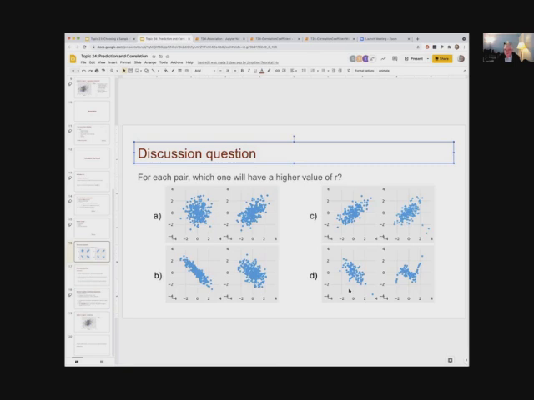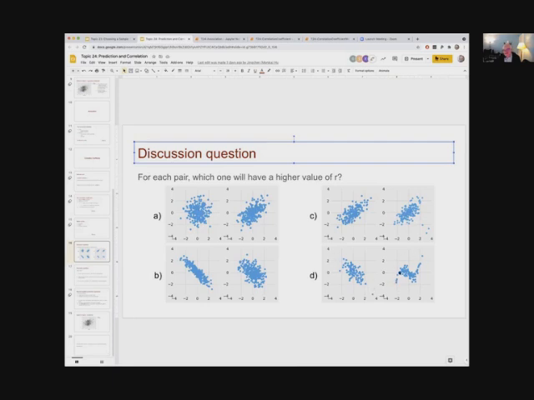Yeah, so I'm getting some lefts, I'm getting some rights. And this one's close. Just looking at this one visually, I would think it's too close to call. If I had to guess, I would probably say the left one, but I think you can make an argument for the right one.